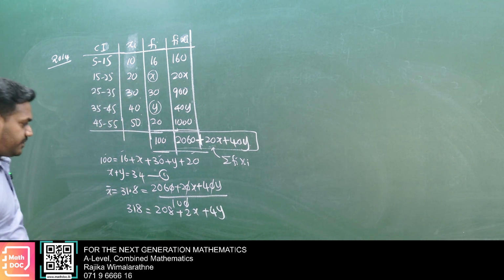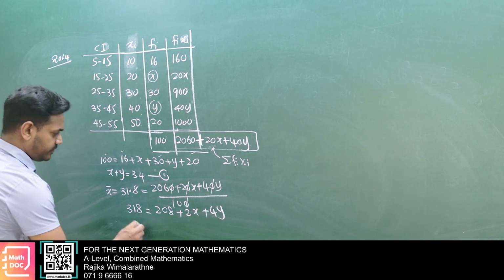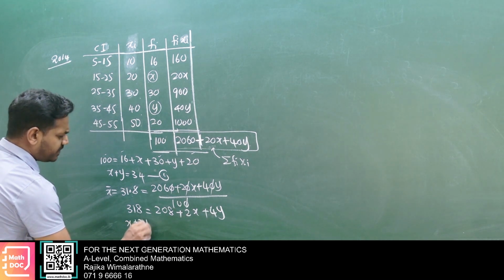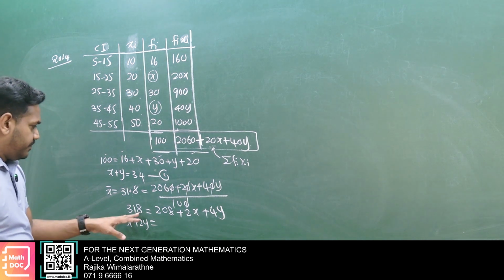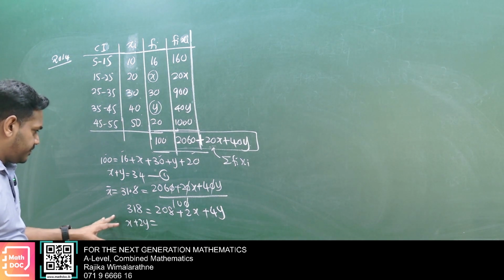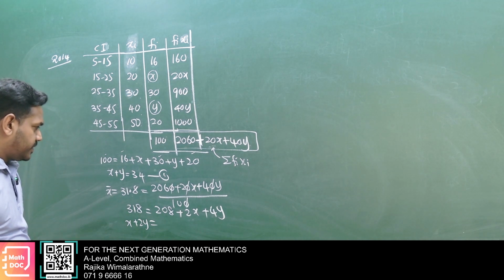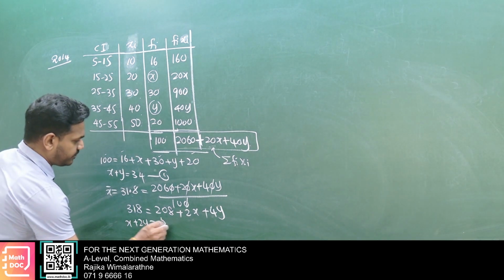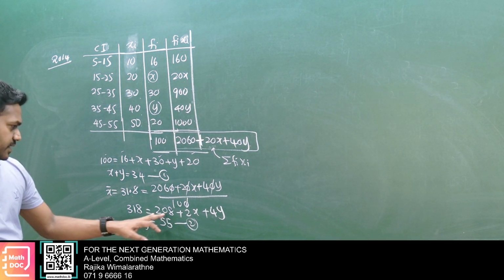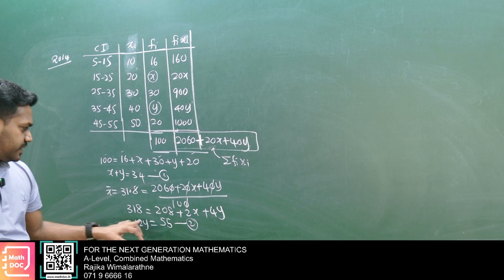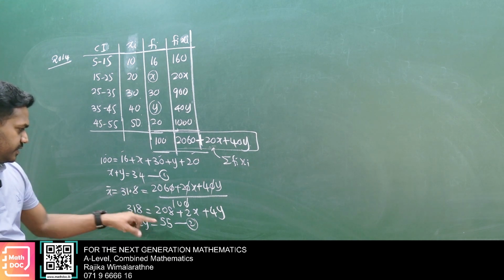Now further simplify. Divide by 2: x plus 2y equals 55. Second formula.